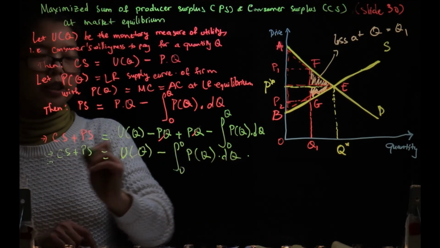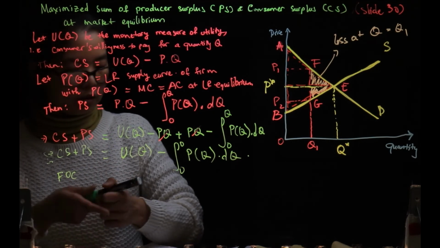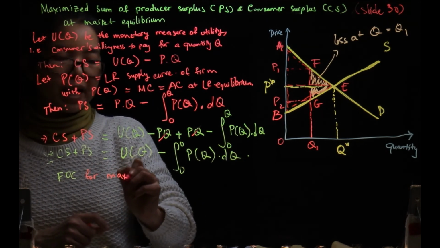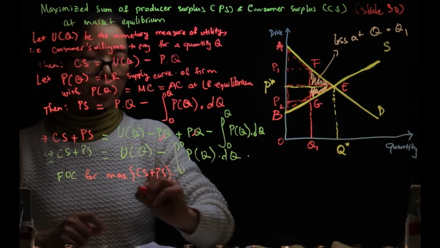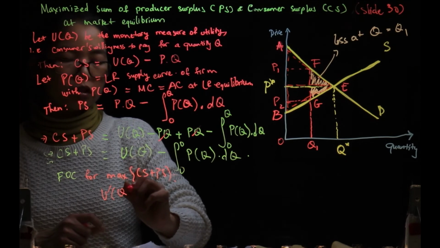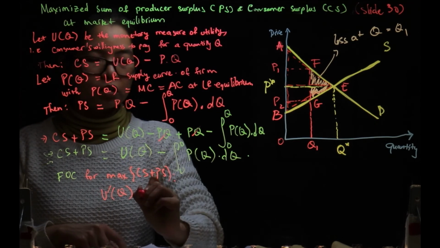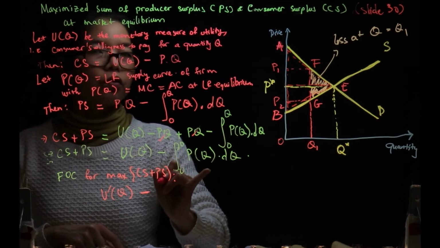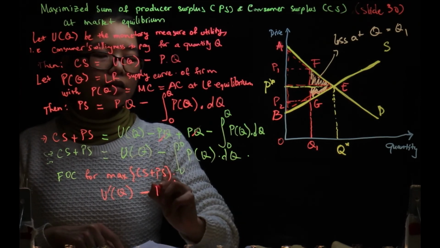Then the first order condition, FOC, for maximizing CS plus PS would be the first derivative with respect to Q. So here we have a function of Q minus, the derivative of this integral is the function inside that integral itself.